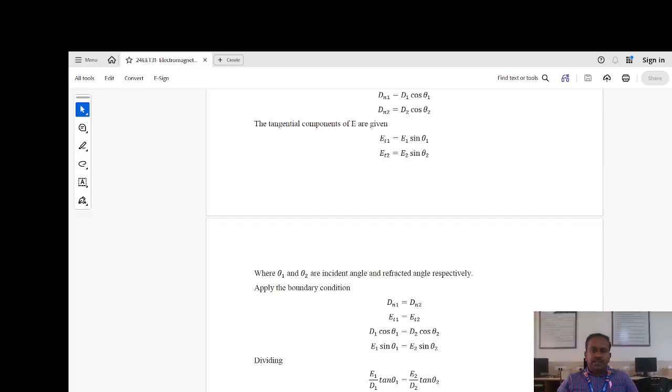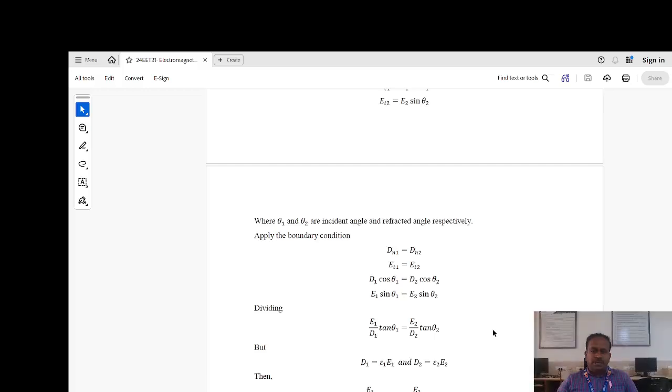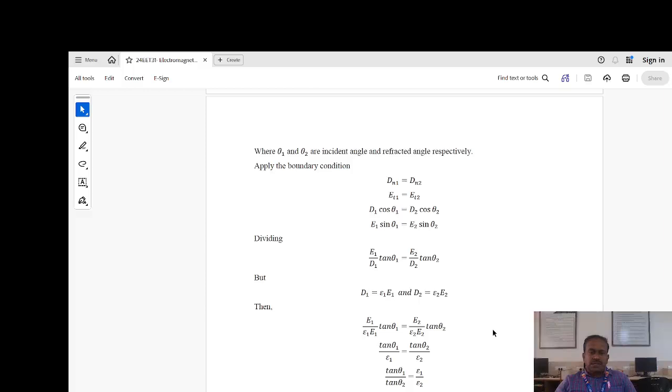Applying the boundary conditions, we already know Dn1 equals Dn2 and Et1 equals Et2. So D1 cos theta 1 equals D2 cos theta 2, and E1 sin theta 1 equals E2 sin theta 2. Dividing these equations, E1 by D1 into tan theta 1 equals E2 by D2 into tan theta 2. We know the relation between D and E is D equals epsilon E, so D1 equals epsilon 1 E1 and D2 equals epsilon 2 E2. Then E1 by epsilon 1 E1 into tan theta 1 equals E2 by epsilon 2 E2 into tan theta 2.